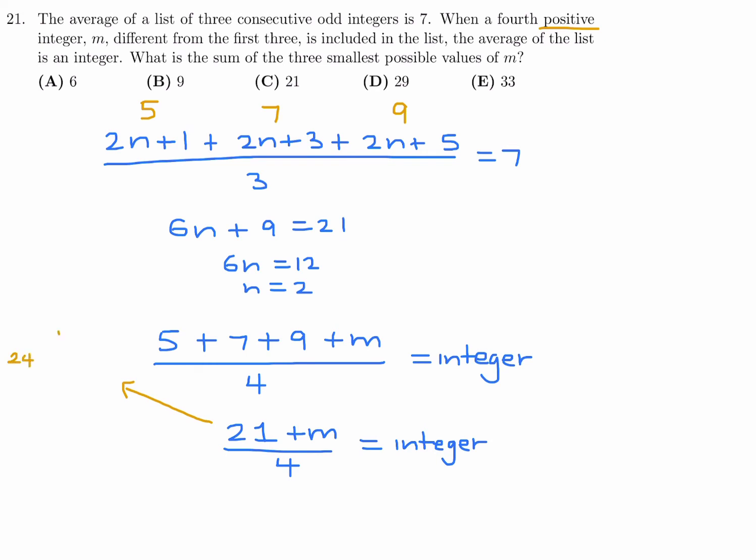If the numerator is 24, that means m is 3. The next numerator that would make it divisible by 4 is 28. If the numerator is 28, then m would be 7. If the numerator is 32, m would be 11. And there you go. I just got 3 smallest possible values of m.